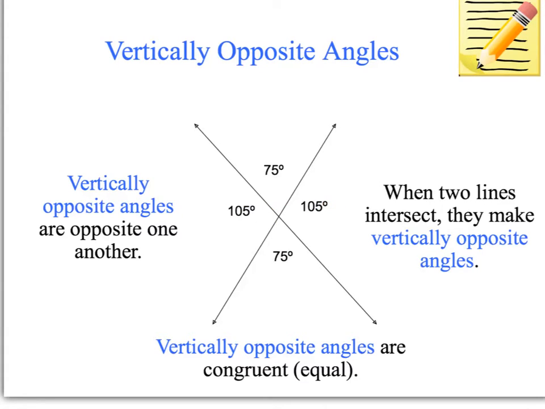So they are opposite each other. And vertically opposite angles are equal. So if this angle is 75 degrees, then this angle will be 75 degrees. And then these two here, 105, vertically opposite each other. Alright, so they are vertically opposite and they are equal.